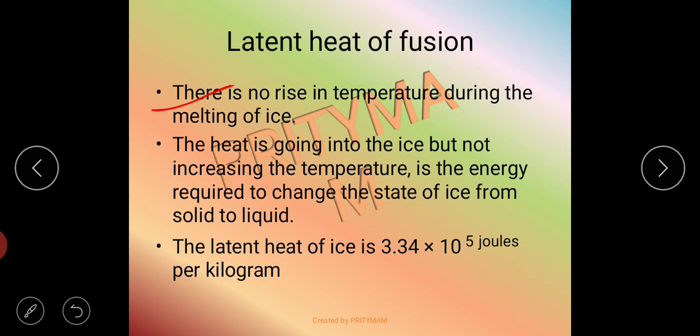The latent heat of fusion, or of melting, of a solid is the quantity of heat in joules required to convert 1 kilogram of solid to liquid without any change in the temperature. So the latent heat of fusion of ice is 3.34 multiplied by 10 raised to 5 joules per kg.